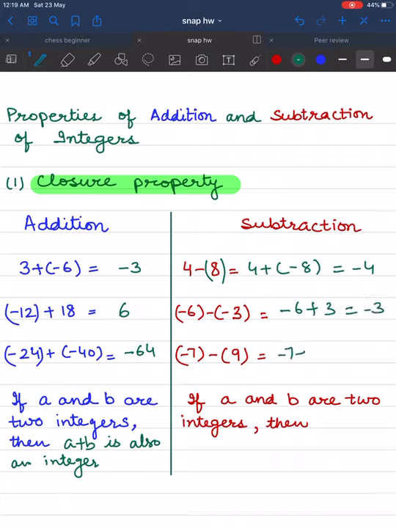Minus 7 plus minus 9, it's minus 16. Thus on subtracting we get an integer. In general, if a and b are any two integers, then a minus b is also an integer. Thus, integers are closed under subtraction also.